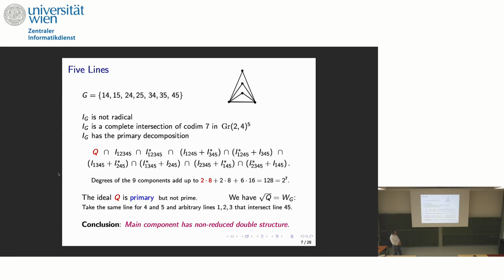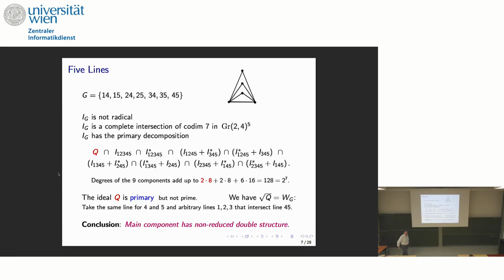Here's another example, just to see that this gets interesting and complicated. It involves the W again. Let's take this graph. This is a graph with 5 vertices and 7 edges. So here in my notation, I have these 7 edges. 4 and 5 are the ones down here, and 1, 2, and 3 are the others.